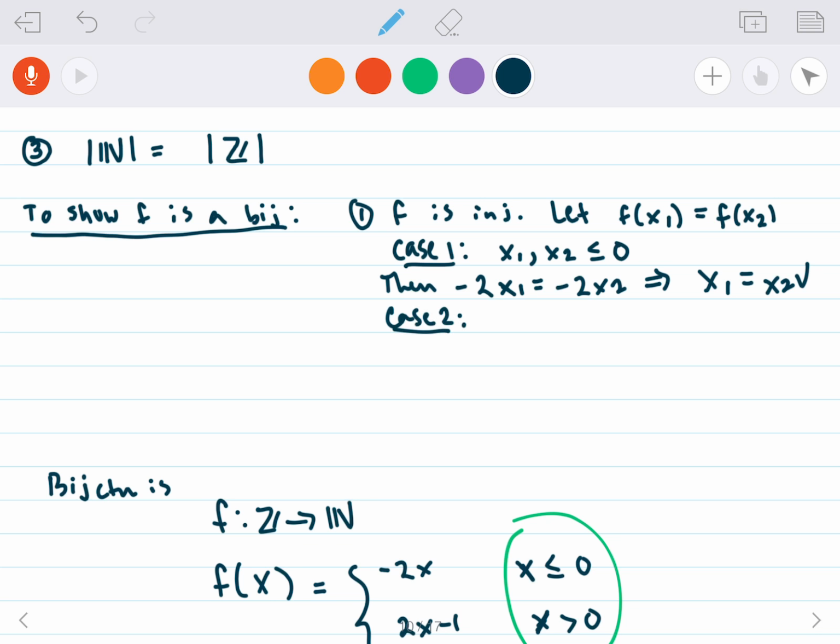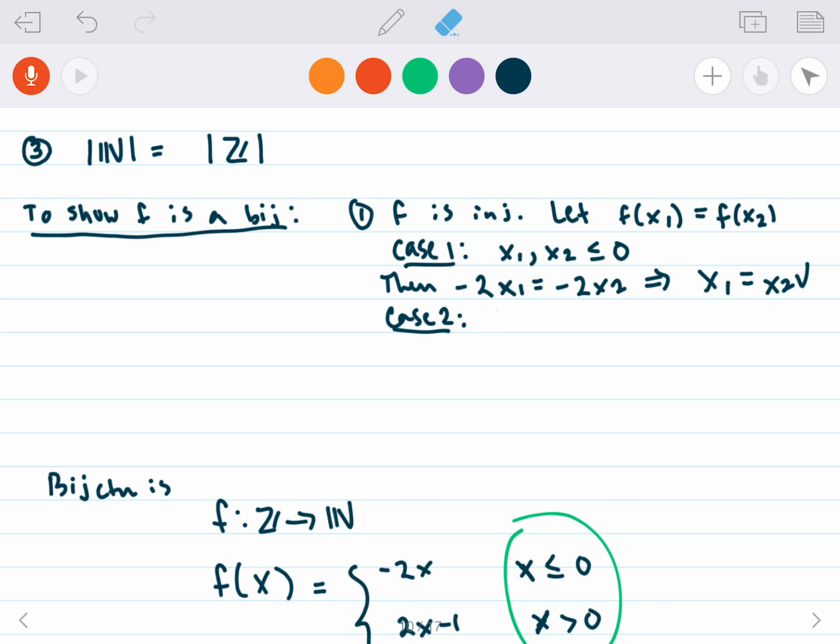Case 2. Could we possibly have one that is bigger than 0, and one that is less than or equal to 0? And this is really the same no matter what I label as x1 and x2.